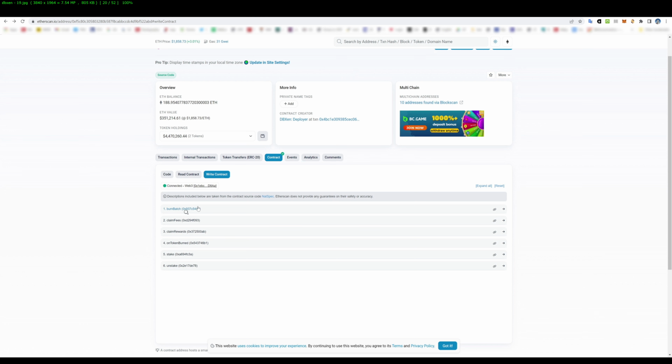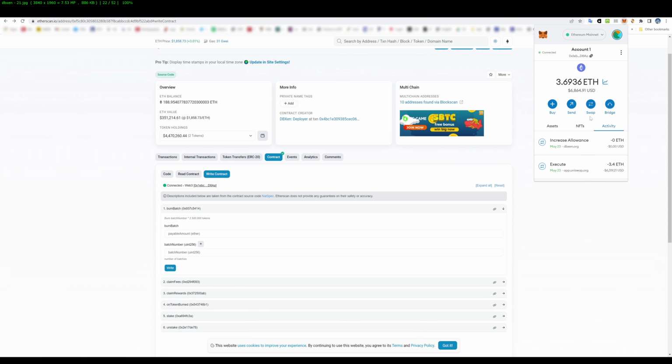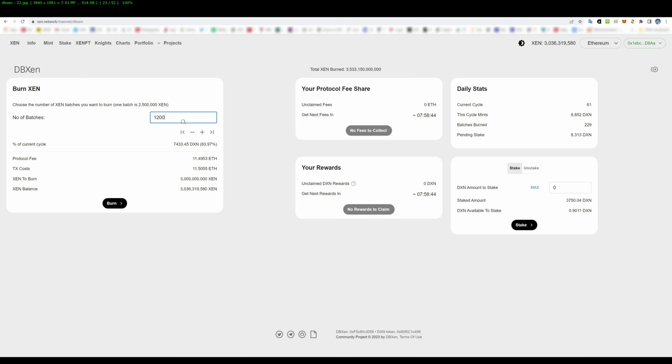Now we want to do the burn, so you click on burn batch, and here is the payable amount in Ether that we calculated before, based on what we have in our wallet. I set it to 3.6 for 1200 batches.